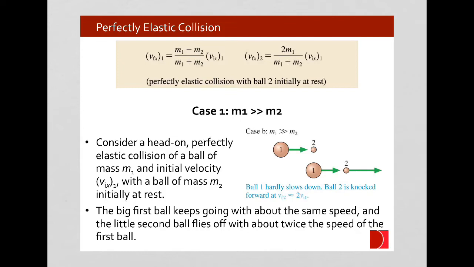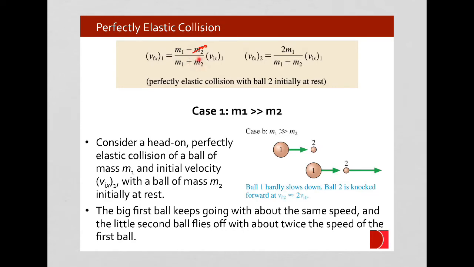Another situation is when the mass of the incident ball is much, much greater than the mass of the target. In that situation, when you look at the mass of the incident particle being much, much greater than the mass of the target particle, we can approximate here that this difference is very small. And so this term is basically 0 compared to the very large particle.